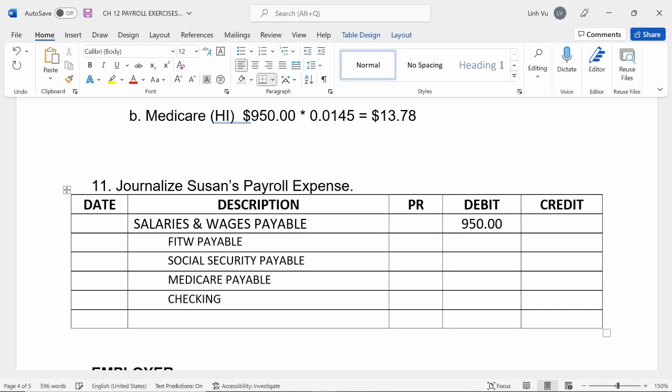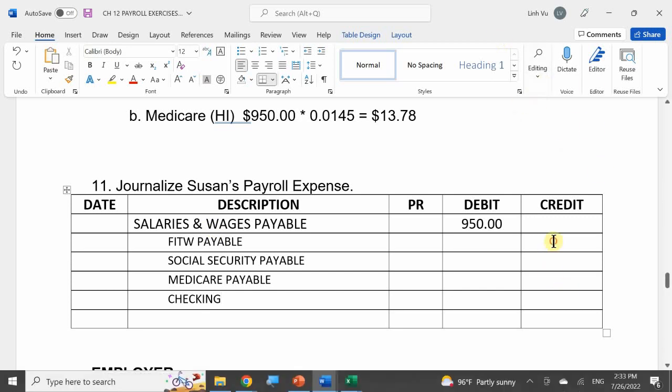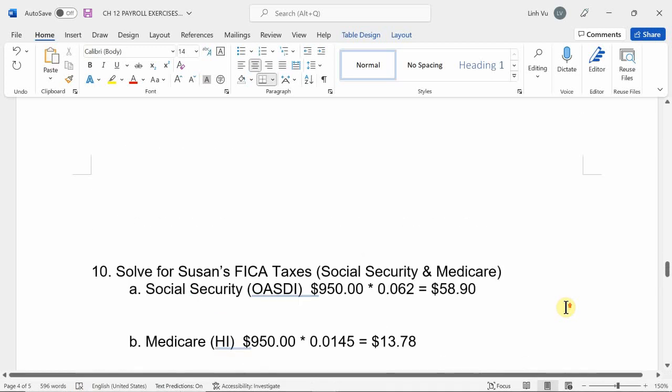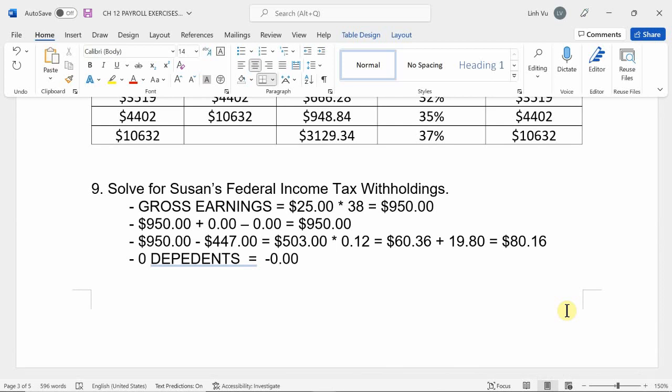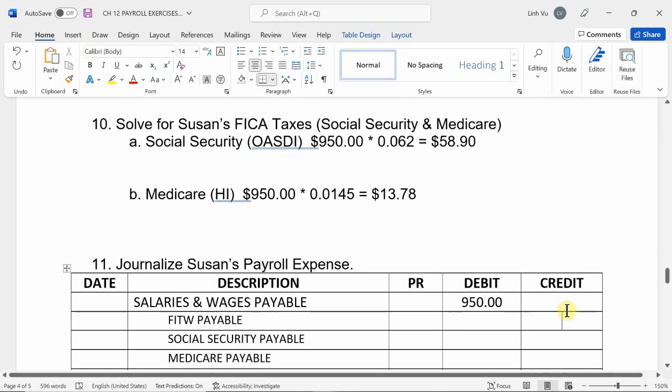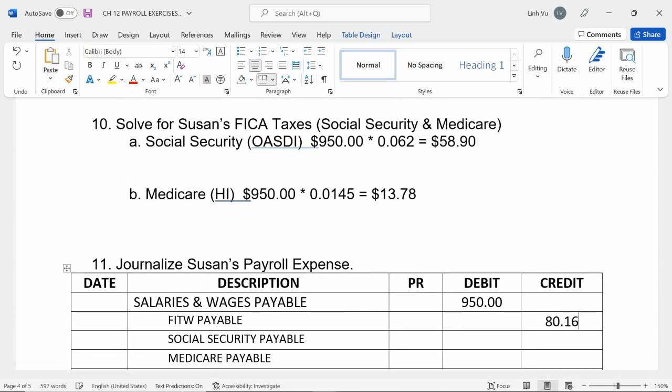In this case, we got $950 for the salaries and wages. How much was the federal income tax withholding? $80.16. How much was Social Security? $58.90.